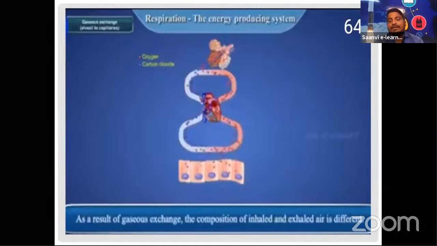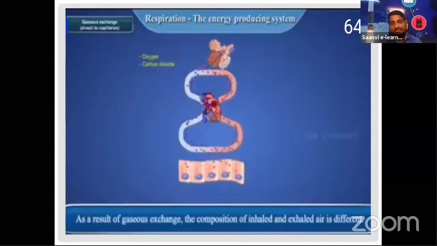Nitrogen we can expect to be the same, 78% in inhaled air and 78% in exhaled air, but there is a change between oxygen and carbon dioxide. Nitrogen will be the same, and the rest, oxygen and carbon dioxide, will be different in the composition of inhaled and exhaled air.